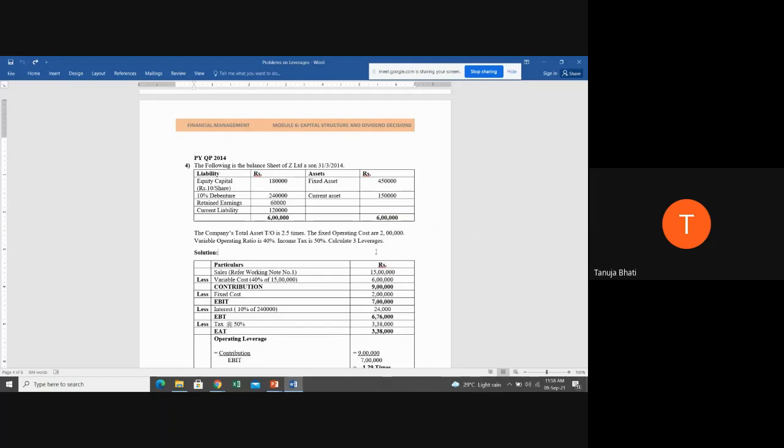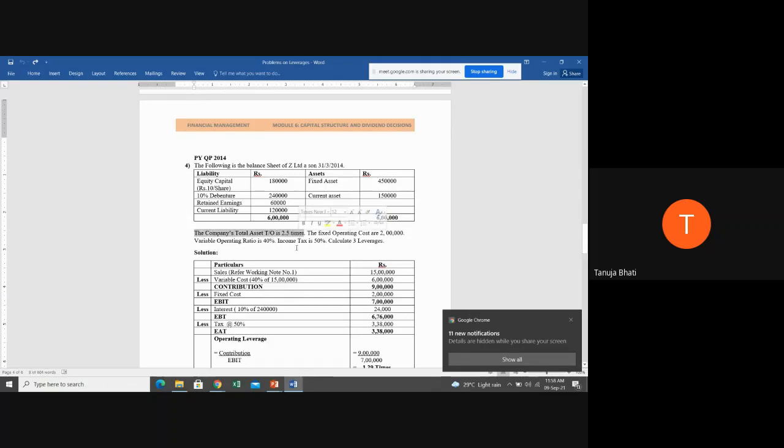Now, students, here, sales is not given. So if sales is not given, how can we move ahead? Because in order to calculate contribution, EBIT, EBT, the most important element that we start with is sales. Sales is not given, but information to calculate sales is given. Students, in your first semester, you have learnt about ratios.